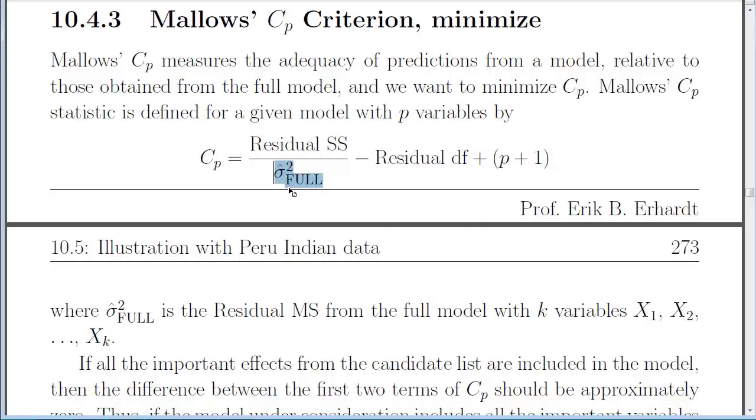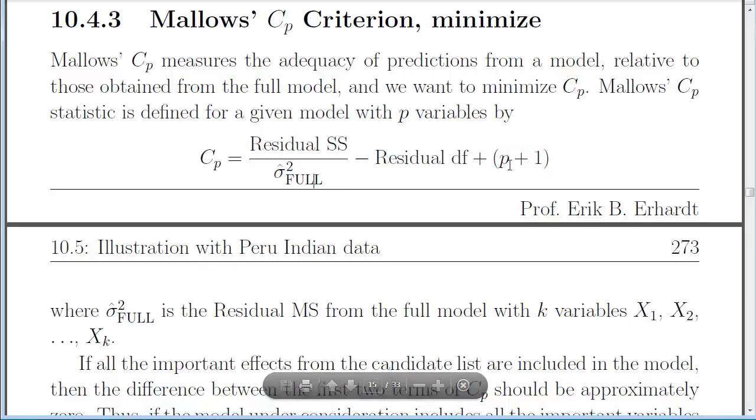So this numerator is the residual sums of squares, and this denominator is the residual sums of squares divided by the degrees of freedom. So that ratio is just the residual degrees of freedom. So if this whole term is the residual degrees of freedom minus the residual degrees of freedom, that equals 0. Plus p plus 1, that's the CP statistic for the full model. It equals p plus 1.